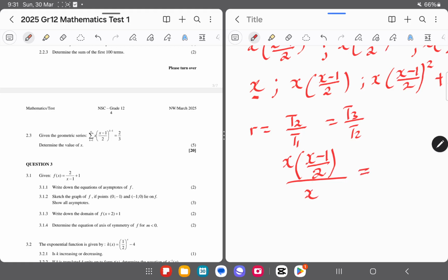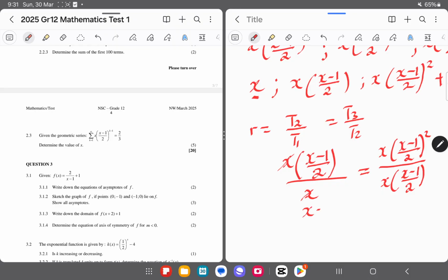It's equal to term number 3, which is x into (x minus 1 divided by 2) all to the power of 2, divided by x into (x minus 1 divided by 2) all to the power of 1. So in this case, the x will cancel x.